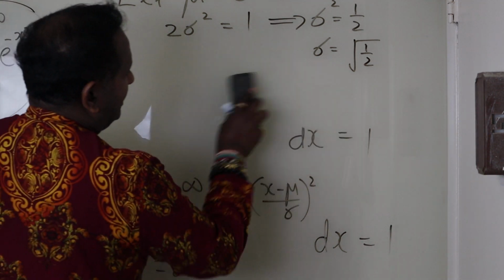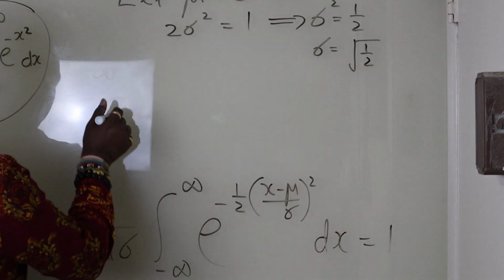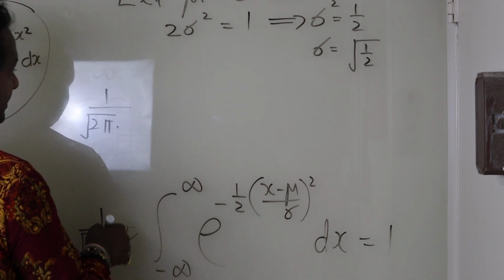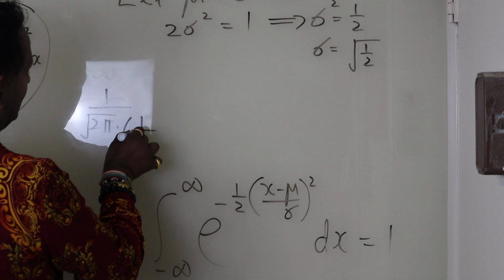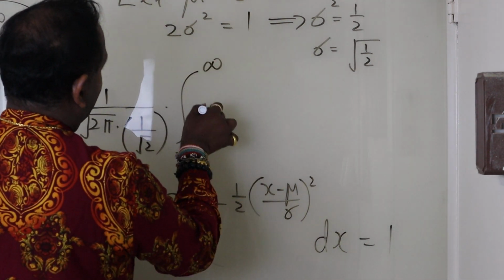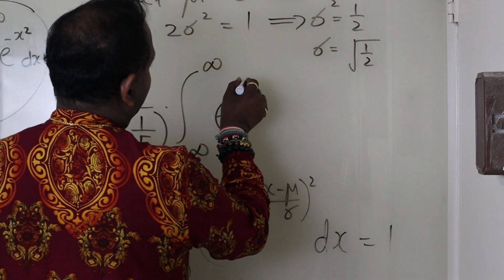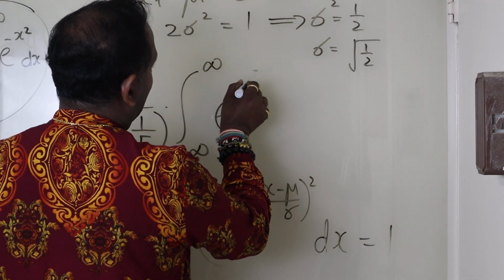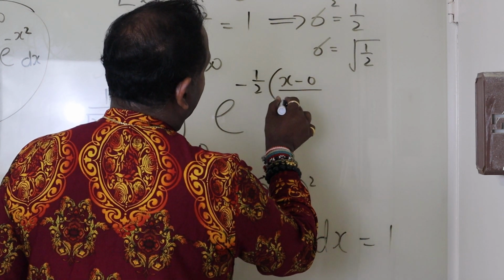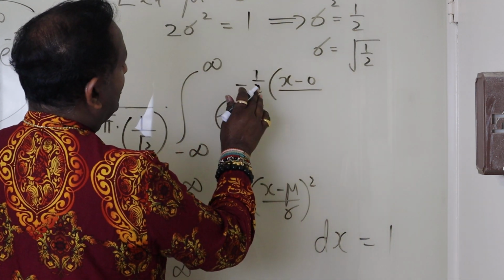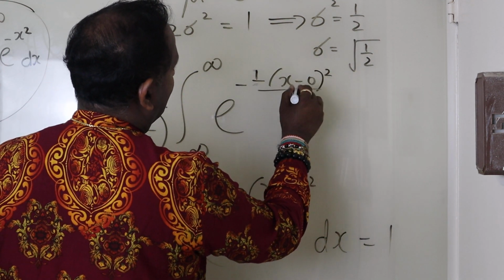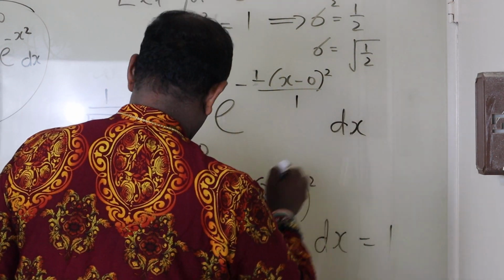Let's plug this back into this one. 1 over square root 2 pi sigma is nothing but 1 over square root pi, integral minus infinity to plus infinity e to the minus half x minus 0, whole thing with 2 sigma squared, this one is squared, is 1, dx.